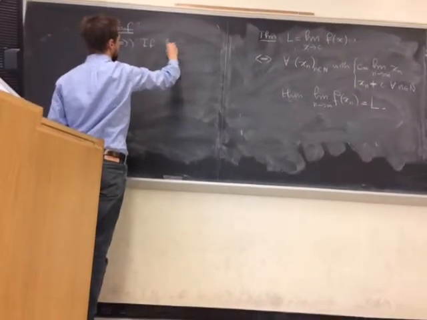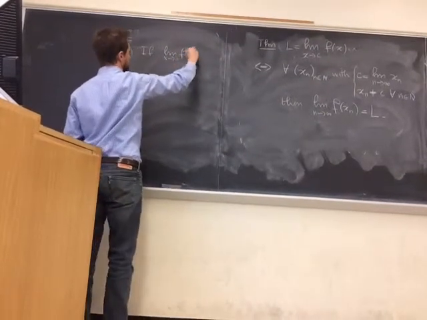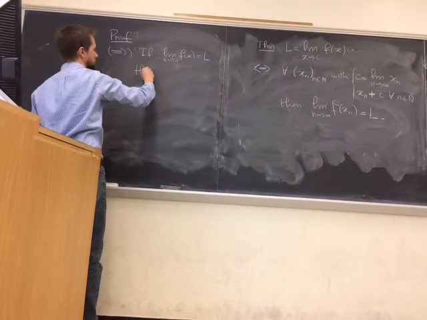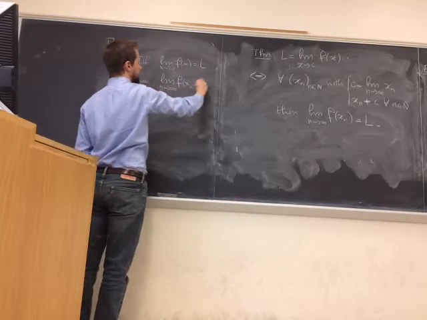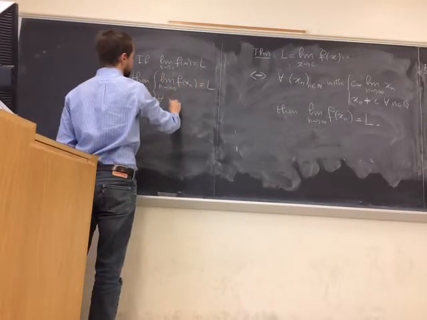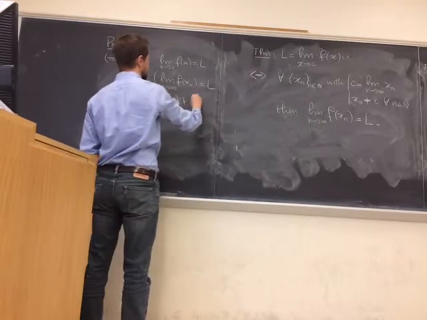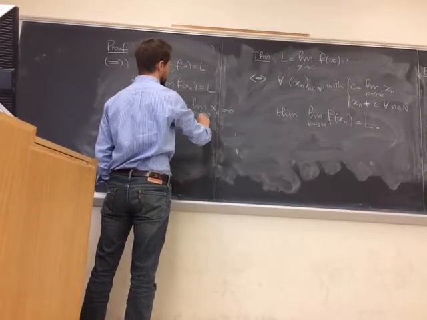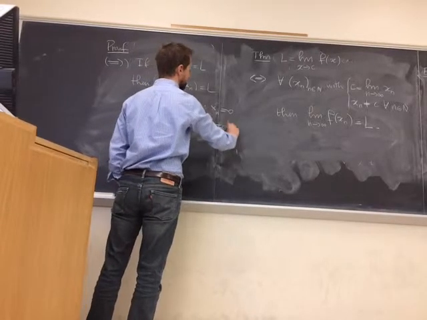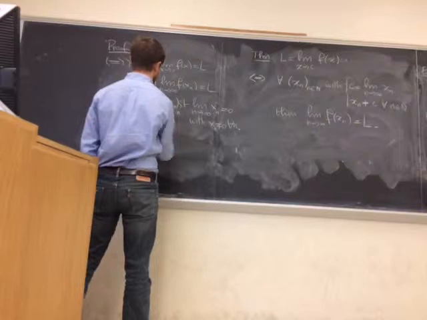So for example, let us prove the implication that if the limit exists, then the limit as n goes to infinity of f of xn is equal to L for every xn such that the limit as n goes to infinity of xn is equal to 0, with xn different from 0 for every n. Okay. Let me try to prove that first.